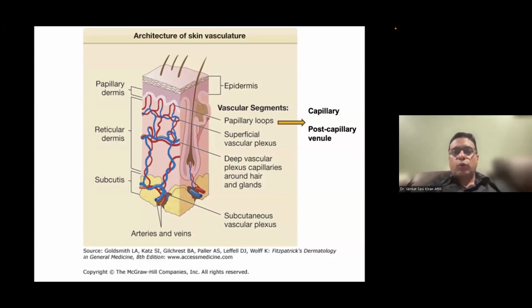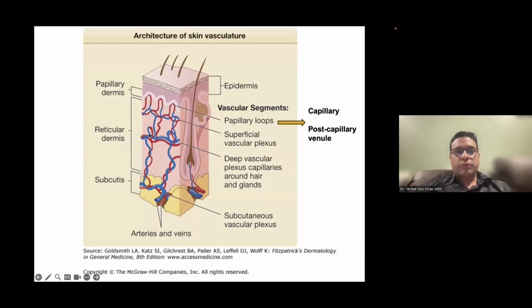Thank you very much. So the skin vasculature consists of arteries and veins, the medium-sized ones that lie deep down in the subcutaneous vascular plexus. From there you have smaller vessels, the arterioles that go up, the red ones here, and they meet at the deep vascular plexus around the hair and glands.